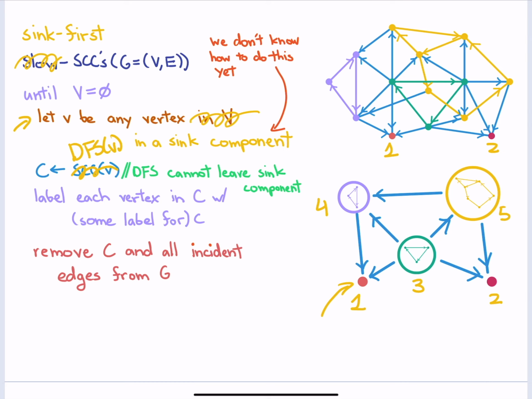So the nice thing is that I start searching at a sink component, and I never leave the sink component. I might visit like 100 vertices, but they're all in the sink component. And all the edges are within the sink component, and I rip them out of the graph. So actually, everyone that gets marked and all the edges I traverse are going to get ripped out of the graph right afterwards.